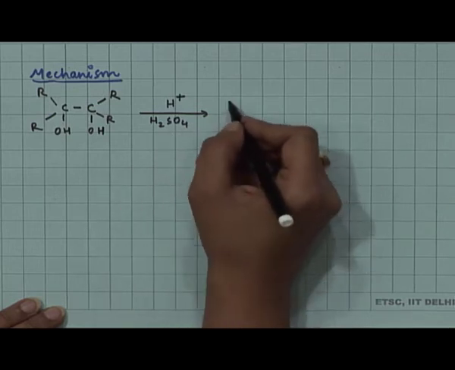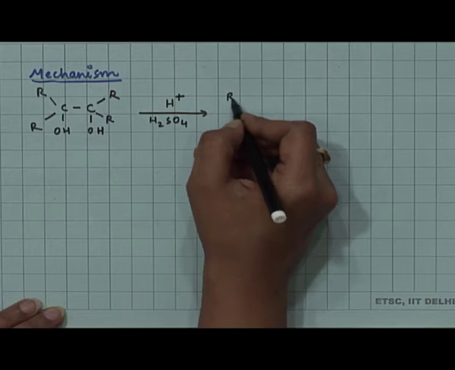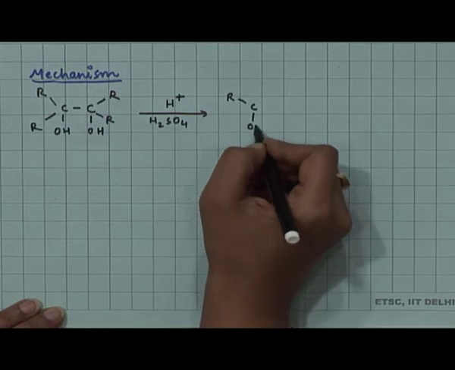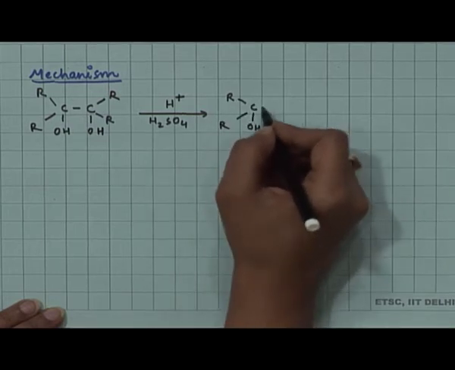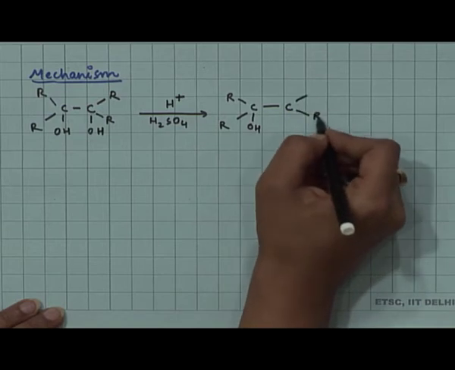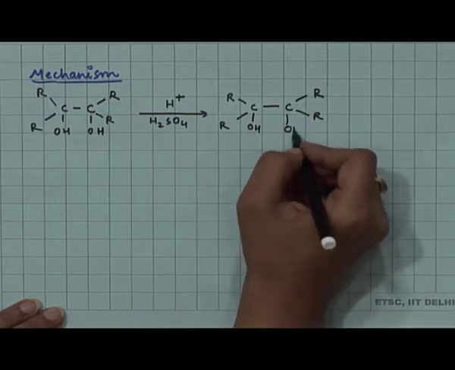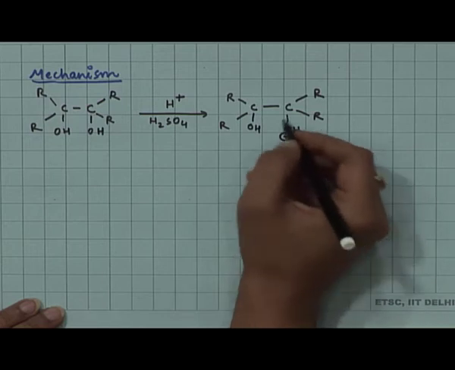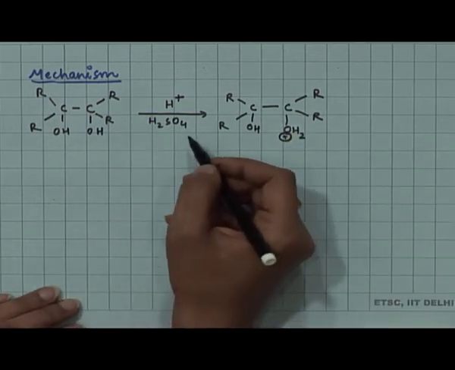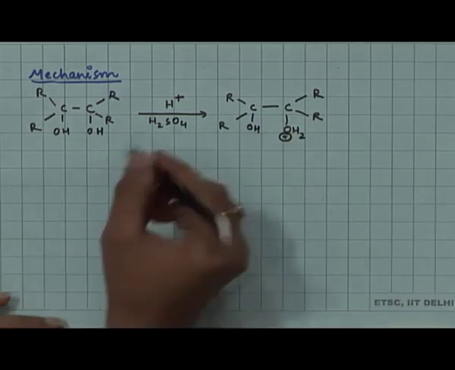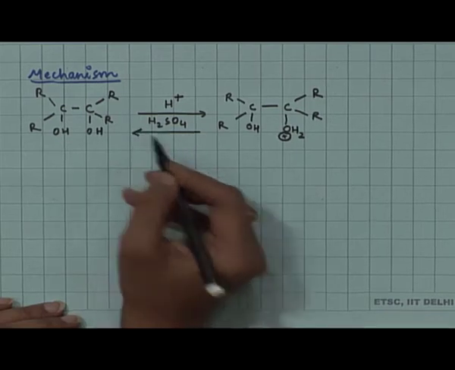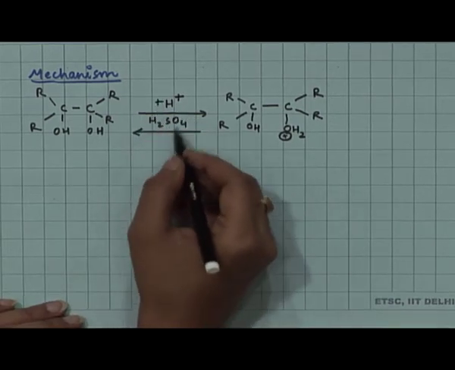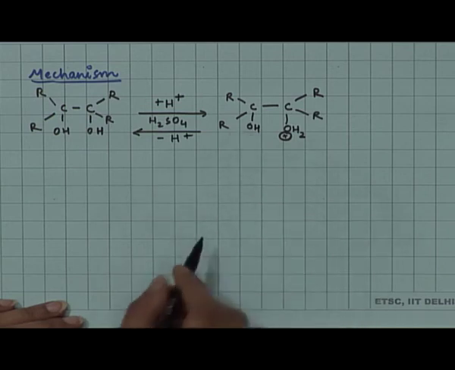The first step one would expect is the protonation of the Pinacol. This is the first thing that one would anticipate is happening, that your hydroxyl gets protonated. So, there is this protonation of the Pinacol, and this is a reversible reaction.